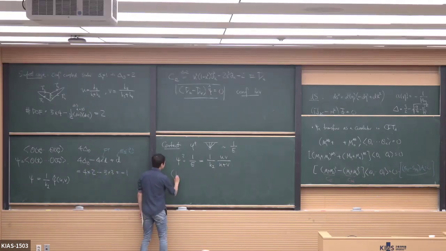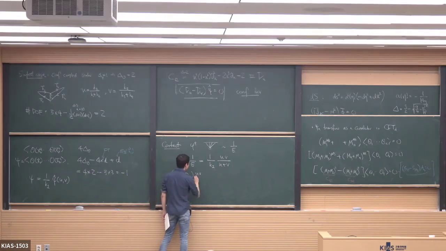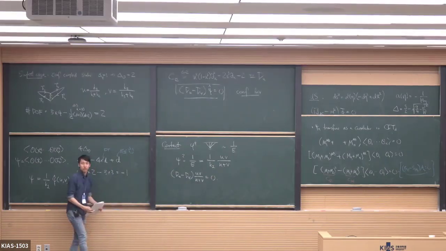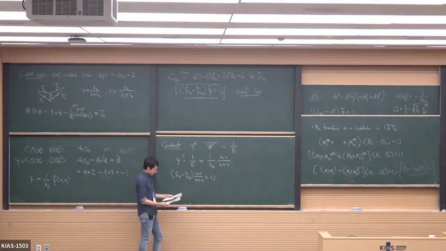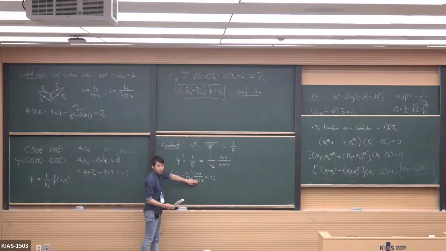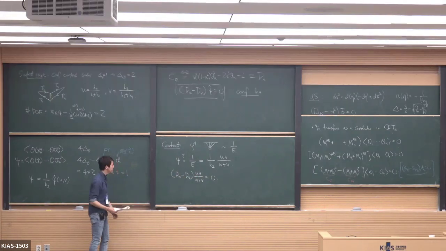You can easily check with your Mathematica that this is indeed invariant under the conformal symmetry. So this is the solution for the phi to the 4th interaction.